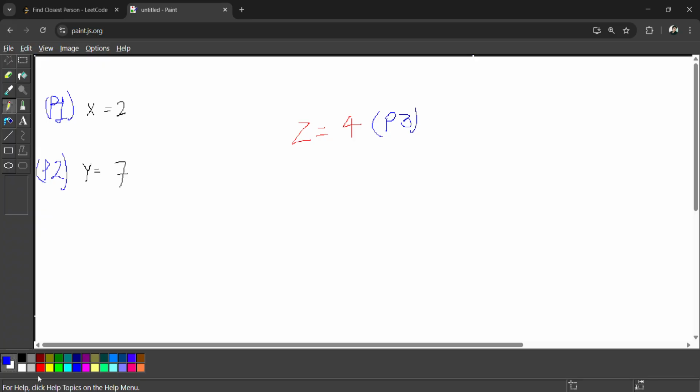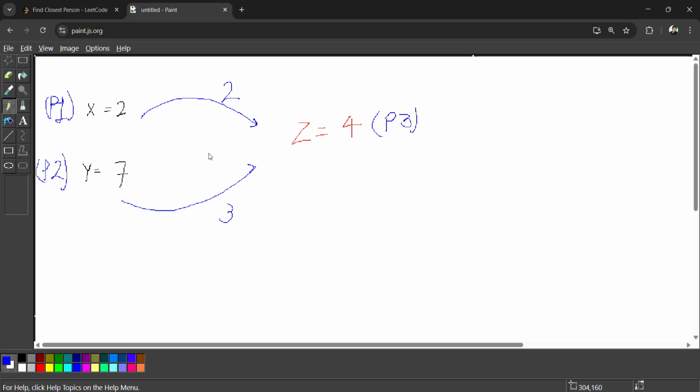We have to determine which person meets person 3 first. If we take the difference between 4 and 2, we get 2 steps to reach person 3, and for the other we get 3 steps. So the output will be person 1, so we return 1.